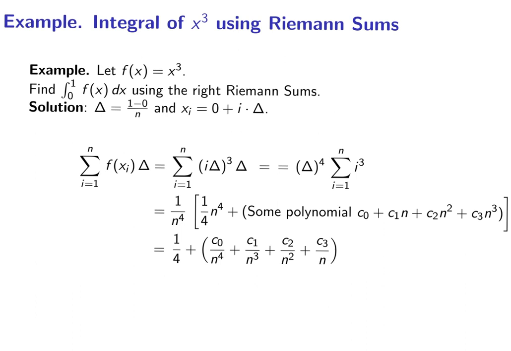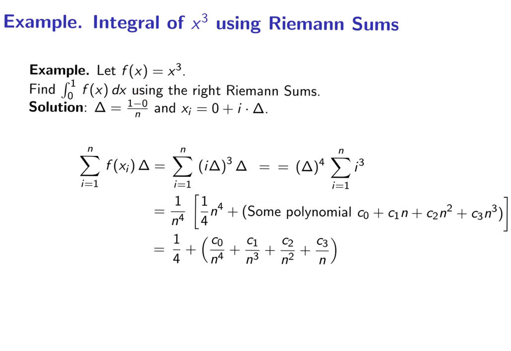And let's recall the formula for such a sum. It will be a polynomial of the fourth degree. So it's n to the fourth power divided by 4 plus terms of lower powers, c0 plus c1 n plus c2 n squared plus c3 n cubed. Now, our sum is multiplied by the fourth power of delta, and delta is 1 over n.